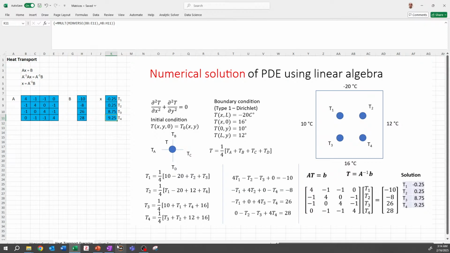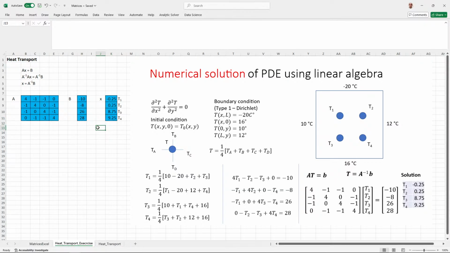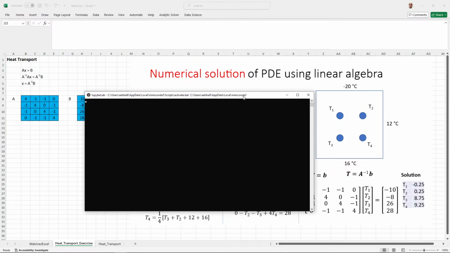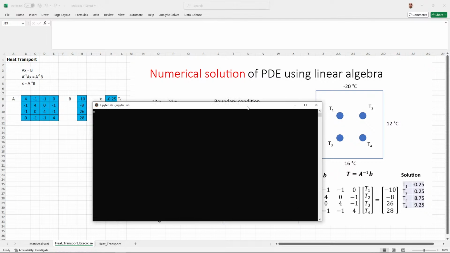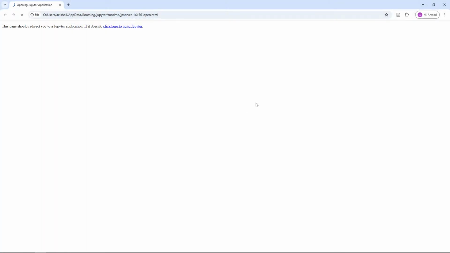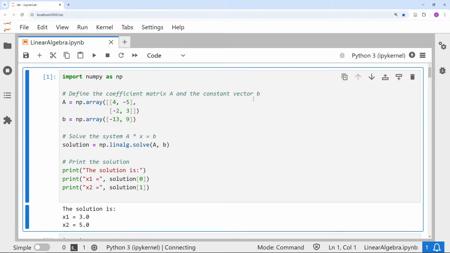Can we do this with Python? Yes, we can do this with Python also. Let's do it with Python and see if we get the same result. Here I'm running Python on my machine, but I showed you in a previous video how to run Python if you don't have it installed on your machine.